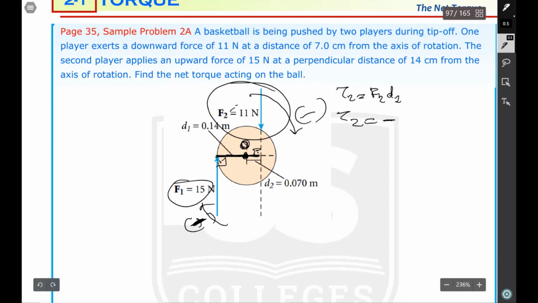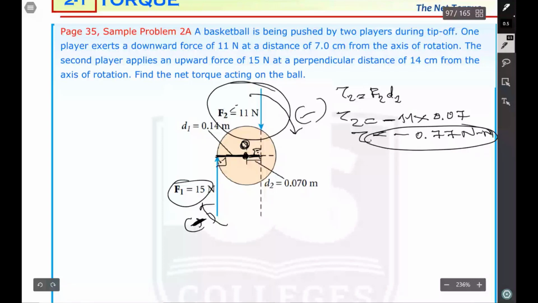Don't forget negative. F2 is how much? 11 Newton. The perpendicular distance is 0.07. So multiply them all: 11 times 0.07, which becomes negative 0.77 Newton meter. This is the torque of the second force.